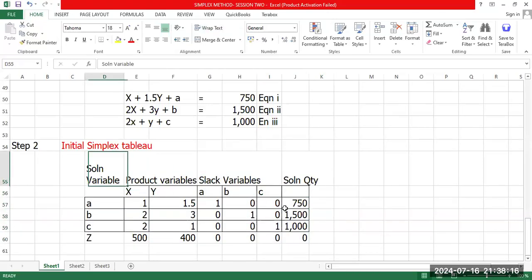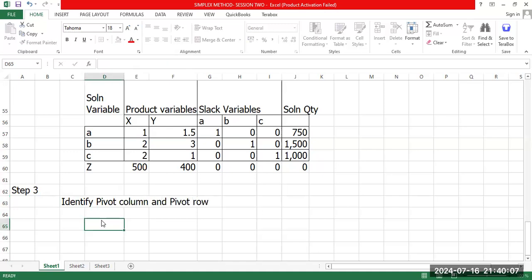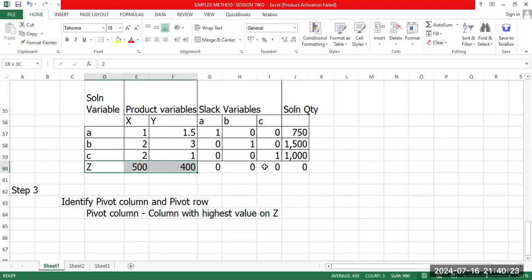We continue. So step number 3. Find the column with the highest value on the objective row, Z. If we observe on your Z, what is the column?